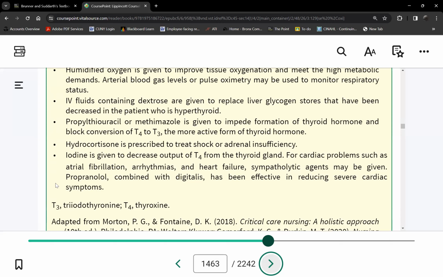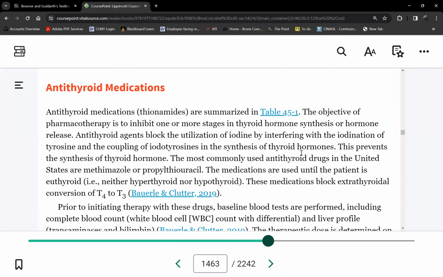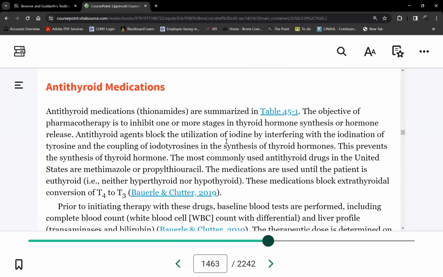Now, however, because it is iodine, will it nonetheless make the thyroid storm worse? Actually, yes, it has the potential to do that. So therefore, the protocol is, let's go to the antithyroid medication.